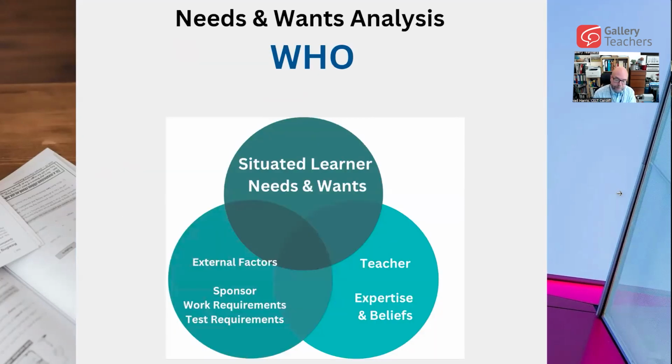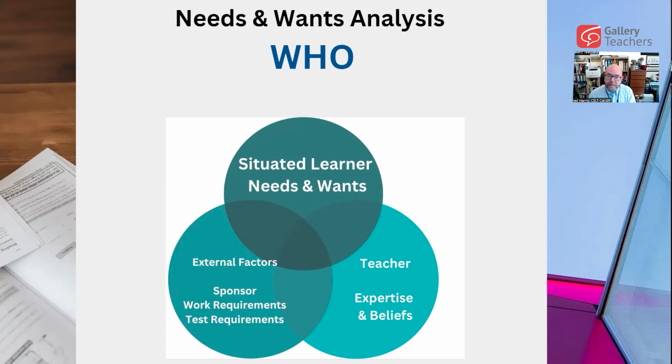Finally, I think it's also important to touch on the who of the needs analysis. So, of course, it's going to be about the learner, the dark green circle at the top. Notice the use of the word situated. And by that, I mean taking into account their current and their desired use of English in the future, where and with whom and for what purpose.